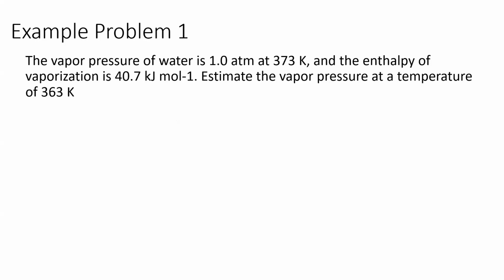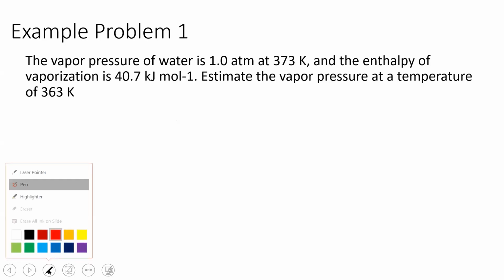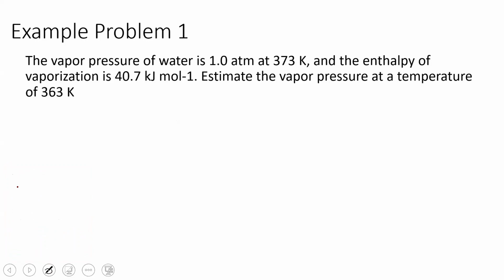So like most of the problems, we actually do have an equation. Our equation is as follows: ln of P1 over P2 equals delta H over R, which is a constant, times 1 over temperature 2 minus 1 over temperature 1.